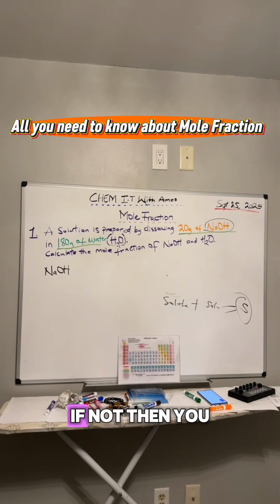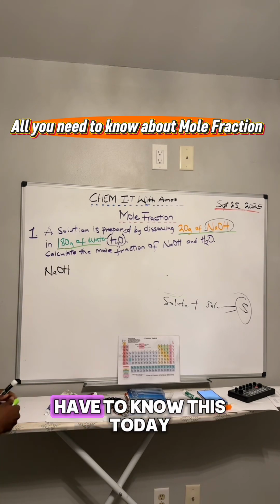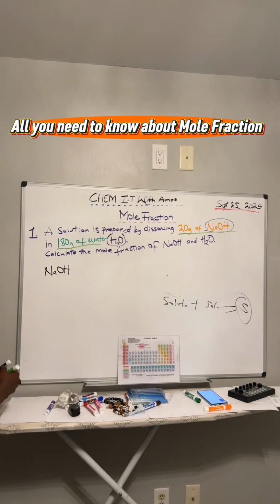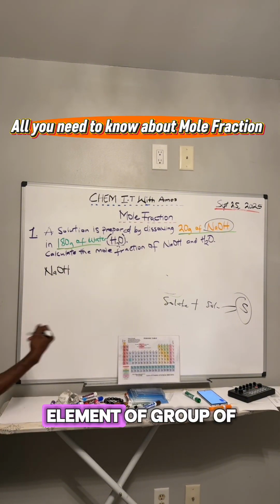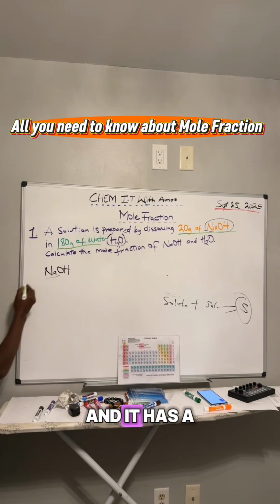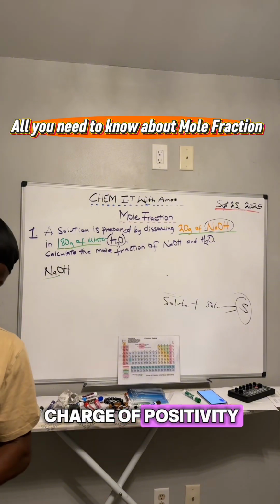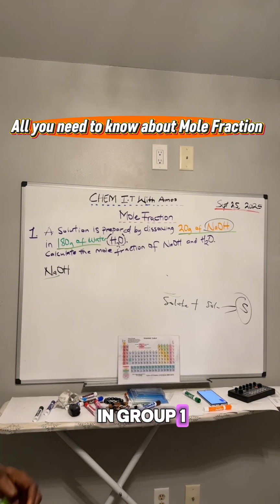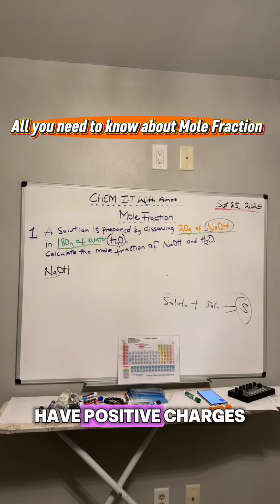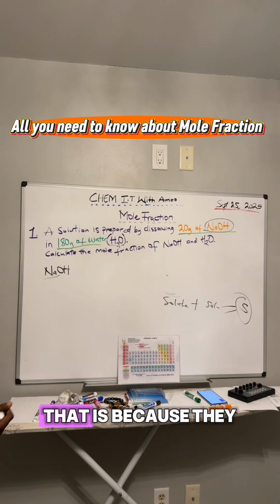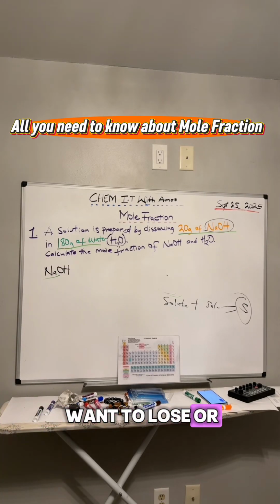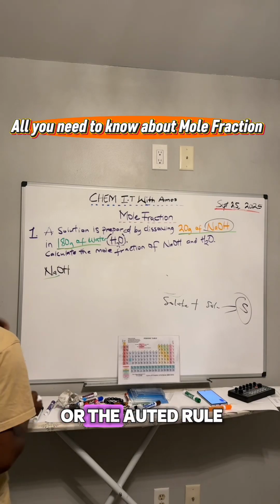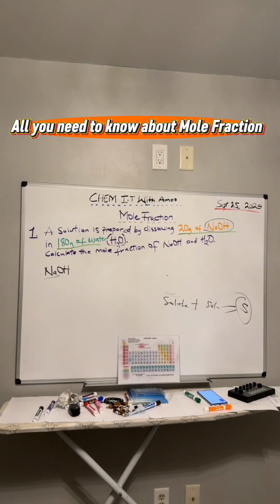If not, then you have to know this today. So sodium is an element of group 1, and it has a positive charge. We say all elements in group 1 have positive charges, because they want to lose or give away 1 electron in order to obey the duplet or the octet rule, right?